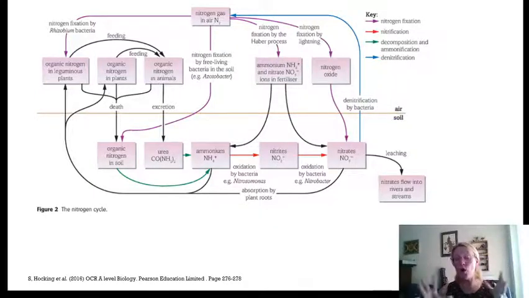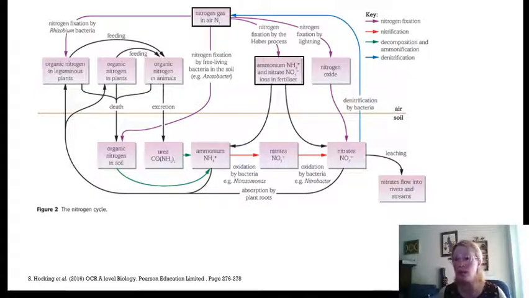Okay, so here we've got the whole process, and I'm going to go through this one step at a time. Again, I'm going to start off with the nitrogen gas in the air. Nitrogen gas in the air can be fixed to a usable form in a variety of different ways. It could be through the Haber process, to create fertilizer.